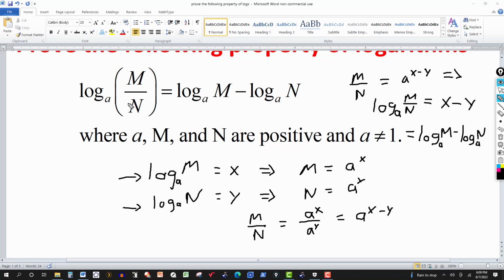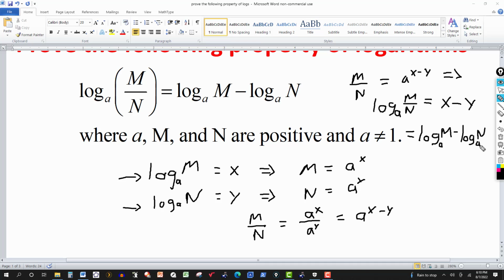So we've proved this statement, or justified that this statement is true. We have the log of m over n to base a equals the log of m to base a minus the log of n to base a.